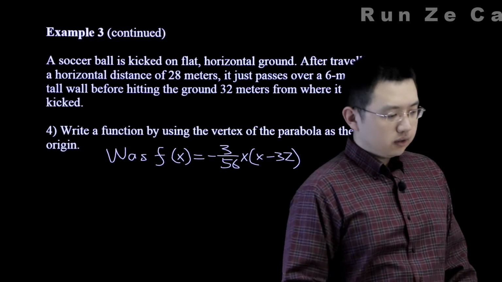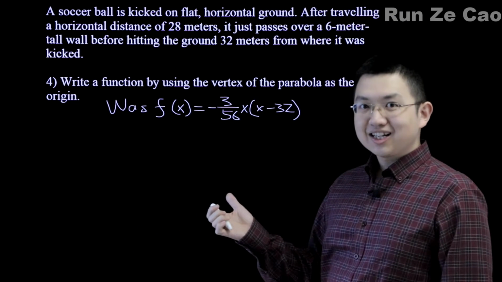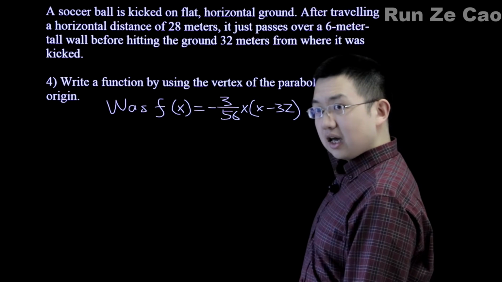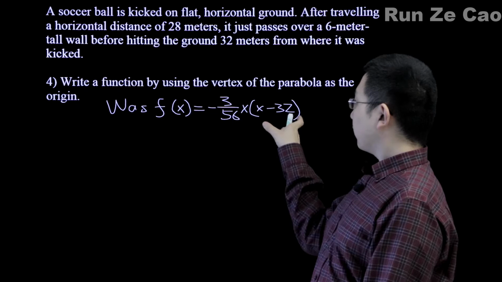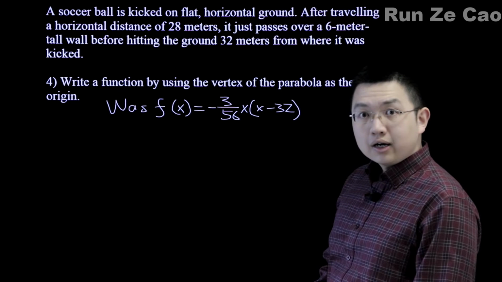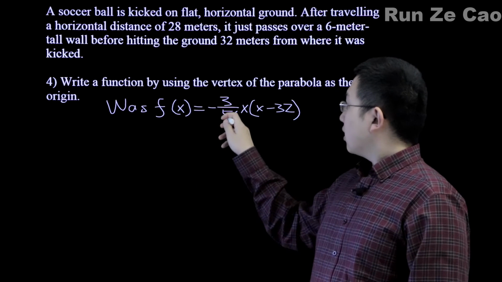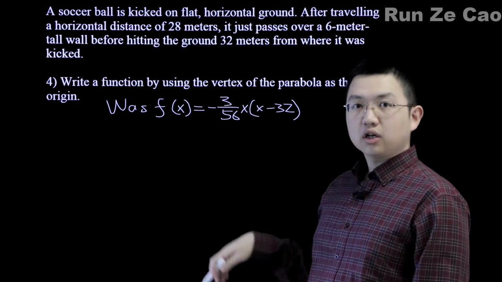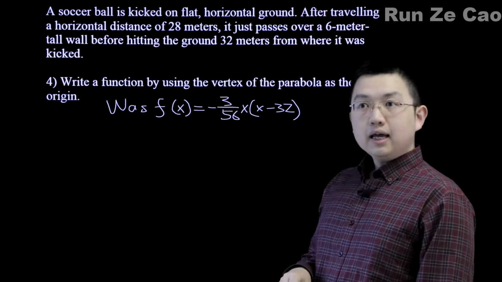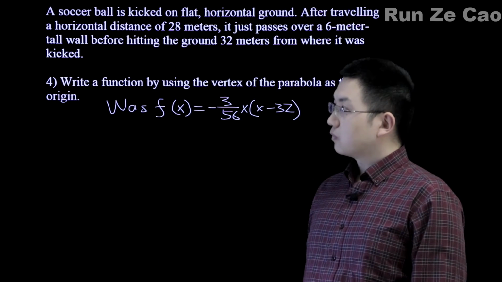First of all, this negative 3 over 56 doesn't change. What we could do is move this vertically, and then we could move it horizontally by giving both of these some modifications, but why would we? We know that the vertex is now set to be 0, 0. And we know that the general multiplier, the leading coefficient, is the same as long as the parabola has the same shape. What does that do for us?